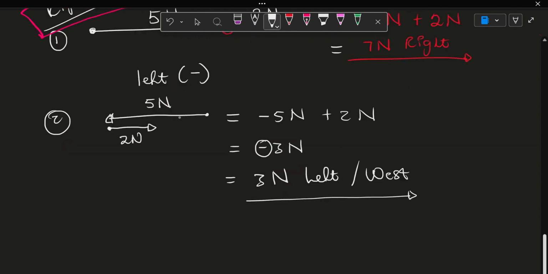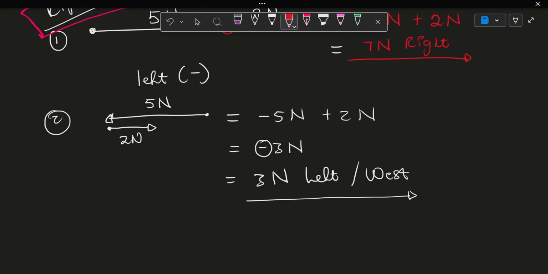And now, okay, so we've looked at 3 newtons to the left. Another way in which you could get this is: your resultant vector will take the direction of the longest vector, okay? It's fairly easy with these two. It becomes a bit more drastic when you have more than 3 vectors acting, and it's a lot of calculations.